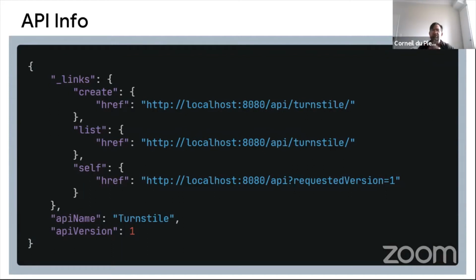So underscore links is the convention for presenting the links. And there are 3 links. The first one is self, and then list and create. So self says, if you want to find out the links again, you can call self. You see requested version, because what I do is the front end knows that it wants to use version 1.